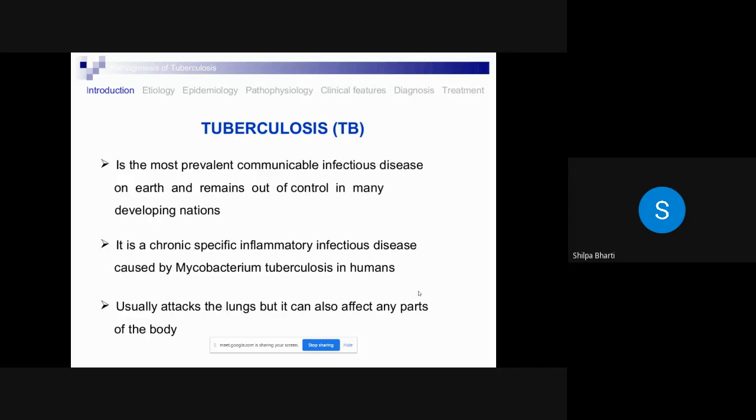This is one of the signs and symptoms of active disease. When there is blood in the cough, or sputum, as we call cough in medical terms, it is a symptom that the disease has reached its active state. Okay, so that is one of the signs and symptoms.